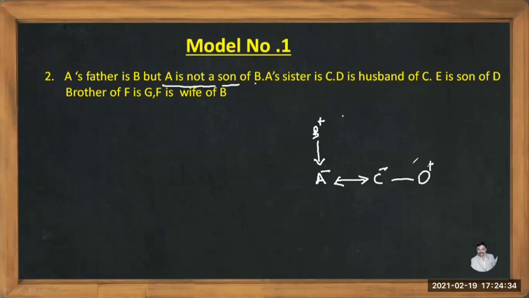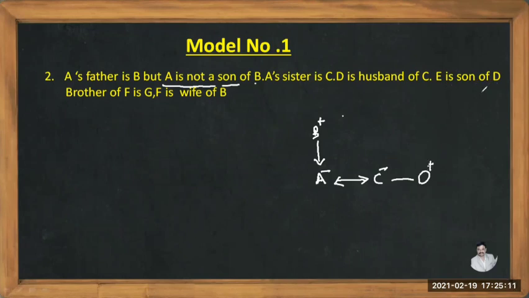My dear friends, compulsory while drawing your family tree, the gender of each person is the most important thing. Immediately you need to recognize their gender, otherwise you may get confused here. So D is a male person, and C is the wife of D. Already she is the sister of A, so we recognized her. C is a female person, and D is husband of C, so D must be the male person.